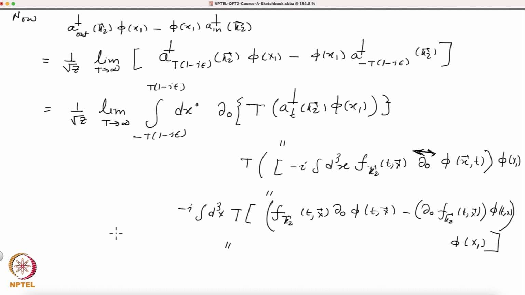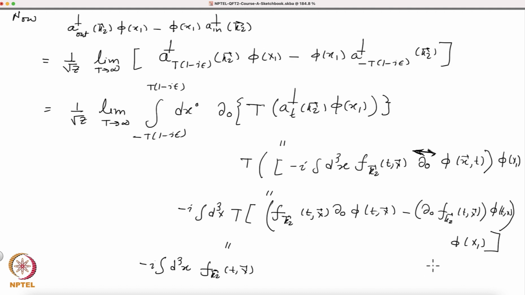And what is this? It's a trivial statement, but let me write it anyway, just for ease of writing later. f k2 t x, so this factor, and of course this is time ordering, so it acts only on the operators, not on functions.